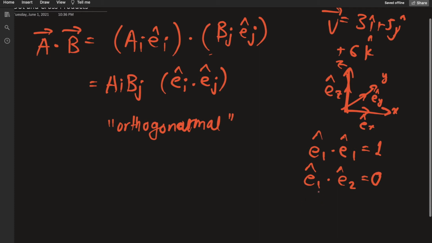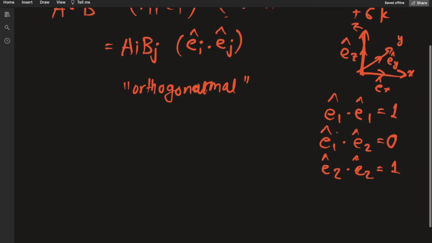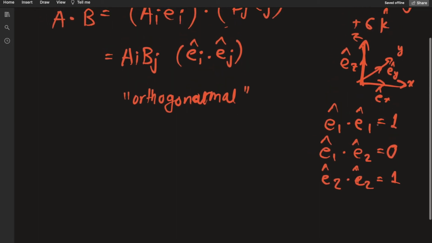I'm not showing e2 dotted with e1 because the dot product is commutative in that respect. e2 dotted with e2 again is 1, and the same thing follows for e3 too. So you notice that when they're the same, it's 1, and where they're different, it's 0. That's a traditional orthonormality for you.